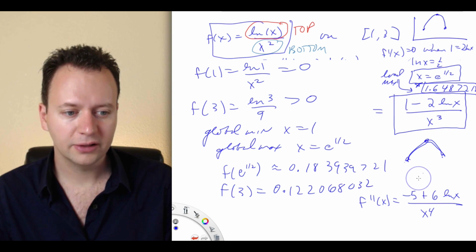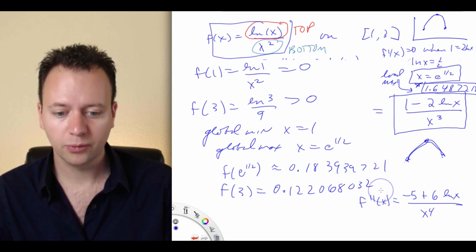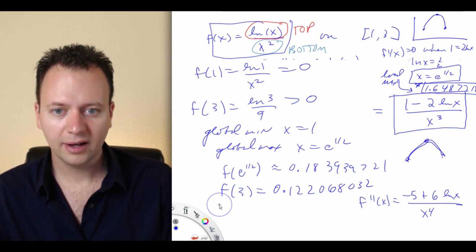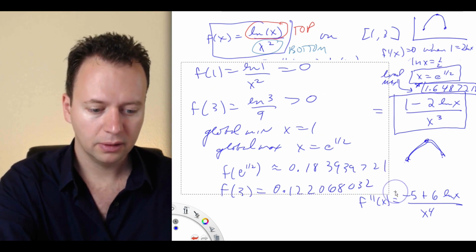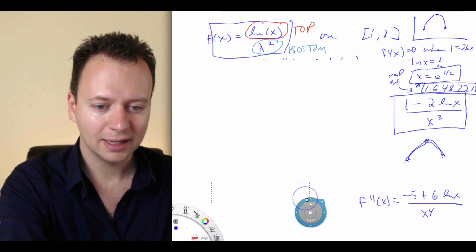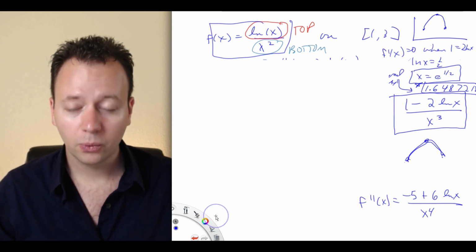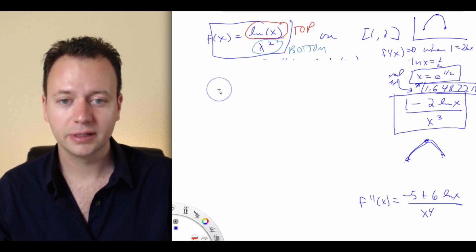So there's one thing we'd like to do with this problem, and that is find the inflection point. So recall that the inflection point is the point at which the second derivative is equal. Actually, that's not true. It's not when the second derivative is equal to 0. It's when the second derivative changes sign.